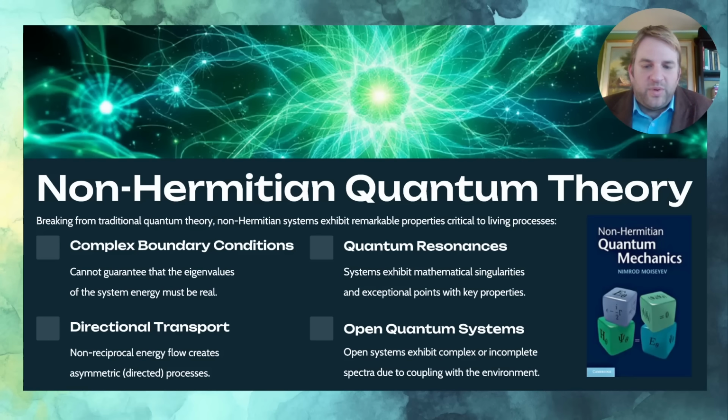Now, finally, open quantum systems exhibit complex or incomplete spectra due to coupling with the environment, which make them very different from our usual study of Hermitian systems, which are complete always in the formal sense that Heisenberg, for example, considered necessary in order to describe a mechanical system authoritatively.